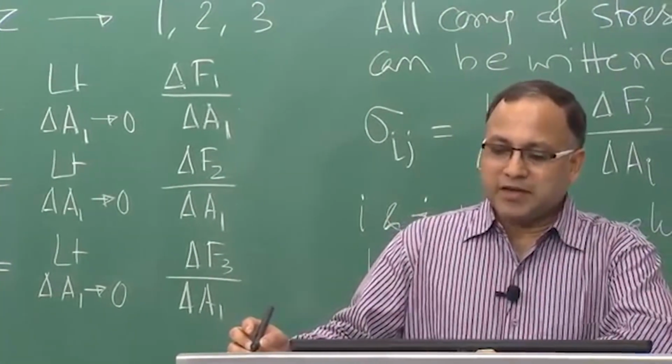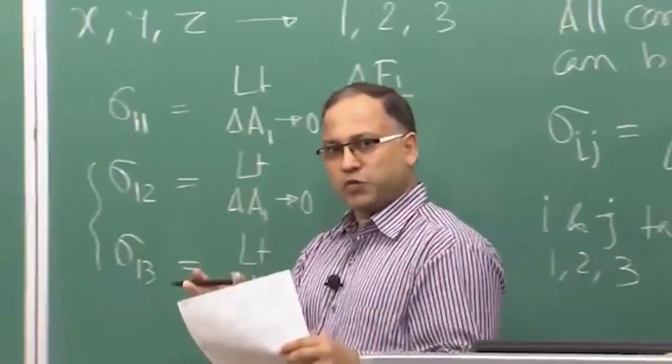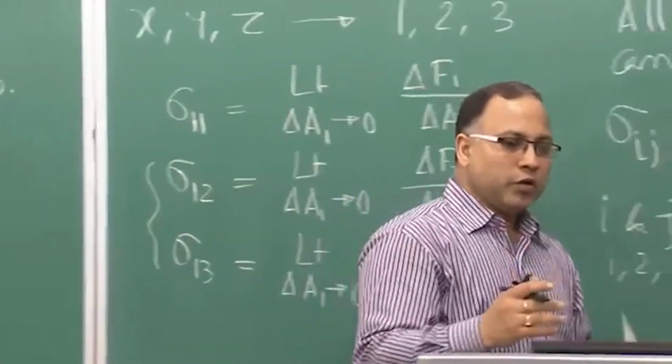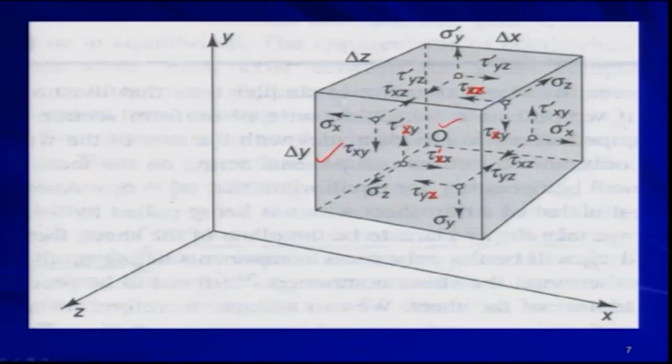So, on these 6 planes, this is the point O, and we are drawing the parallelepiped around point O. What is this plane? This plane is nothing but your negative x plane. On that negative x plane, these stresses are acting: sigma x, tau xy and tau xz.